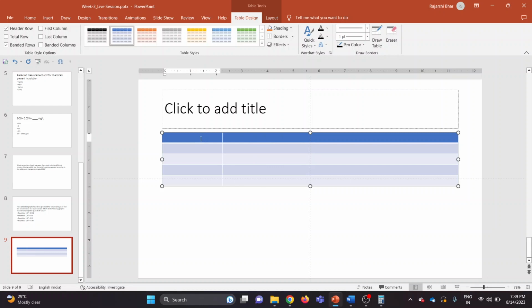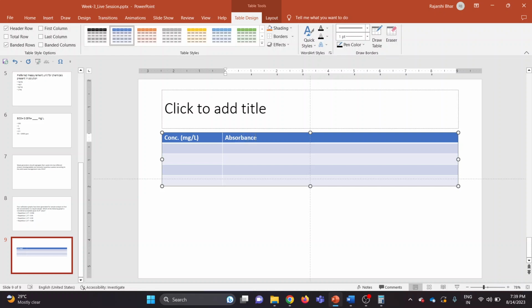Let's say this is the known concentration in milligram per liter, and this is the absorbance.